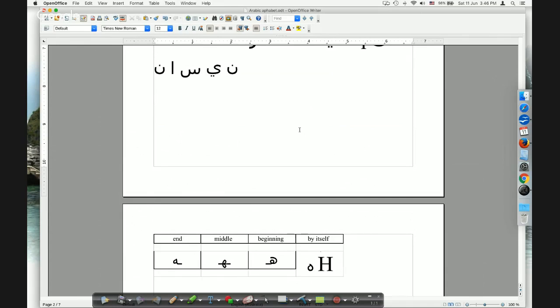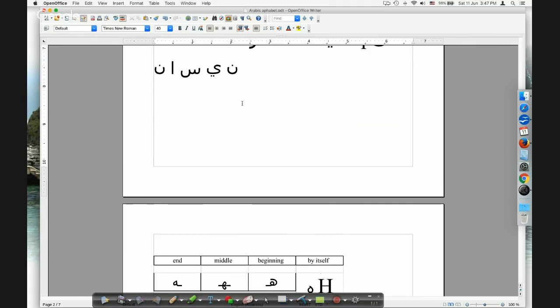So if I want to say, you know, there's a city in Spain. It's called Madrid. I will type Madrid in Arabic. So type in English. Madrid.